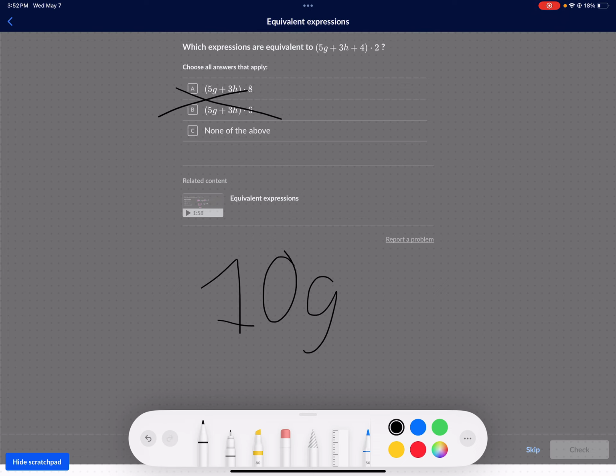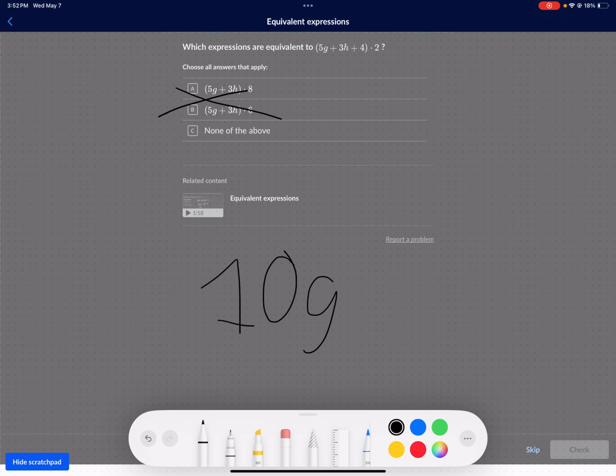Answer is 6 parentheses 4a minus 3b. You got that right, good job. The answer is B and C, if you got that right, good job.